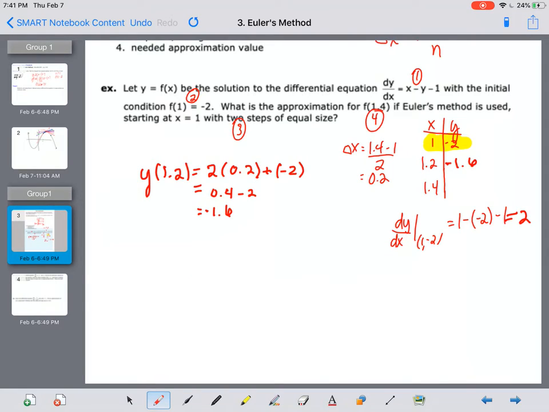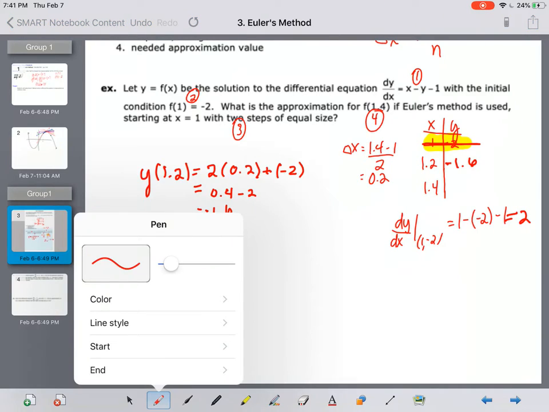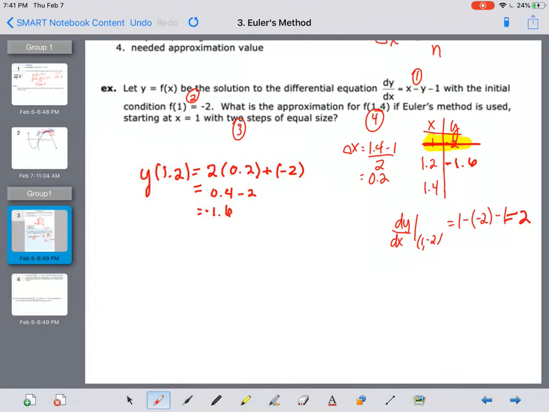Okay, so now that we've done that, we have a new point. So we're going to ignore that first point, and we're going to do the same process with that new point that we just found. Because our derivative varies from point to point, we need to reevaluate our derivative. Let me get a thinner pen. There we go. So we're going to take our dy/dx and evaluate it at that point 1.2, negative 1.6.